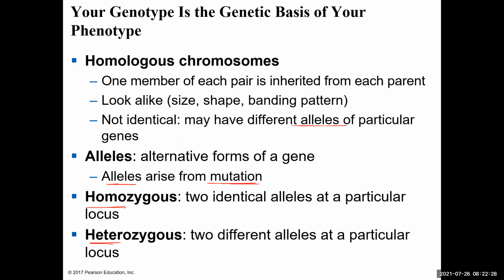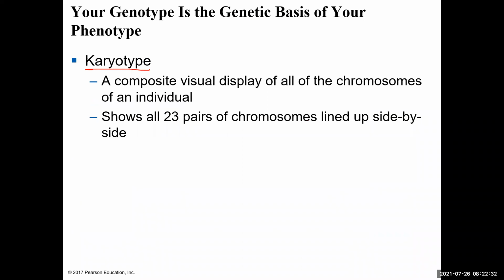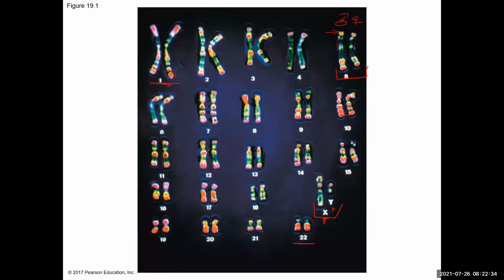For example, let's go back to this karyotype. Let's say we're looking at chromosome 13, right here, and at this bottom gene, which let's say is for hair color. If you have the big B allele, you have brown hair.